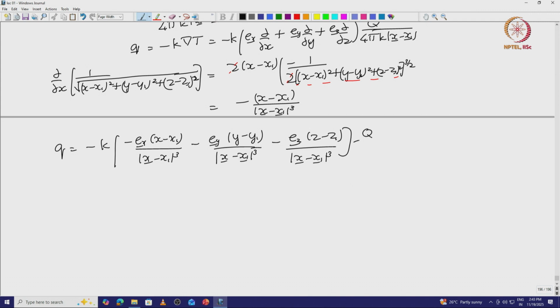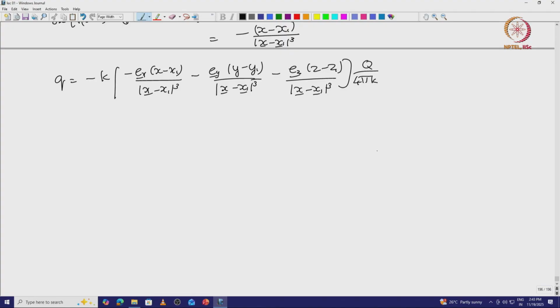Into q by 4 pi k. And you can see the numerator is x minus x1 into Ex plus y minus y1 into Ey plus z minus z1 into Ez. The k's will cancel out here.